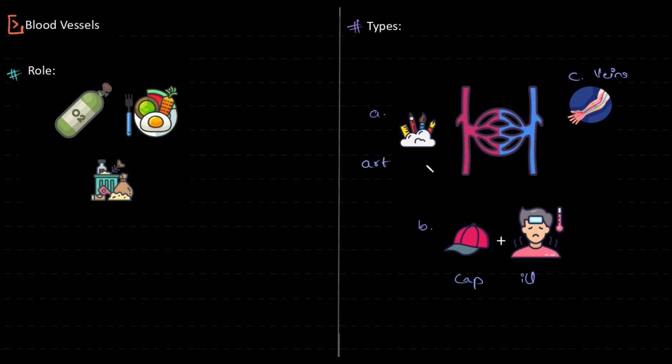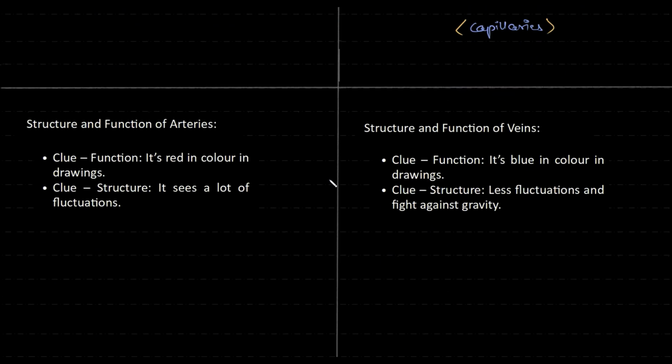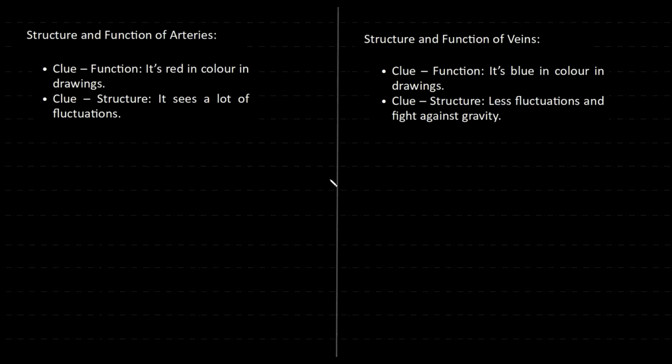So this should be easy. While this is to do with arteries, and this is to do with capillaries, and that's your vein. Okay, so those are your three sets of blood vessels. Now we're looking at the structure and function of each of them.